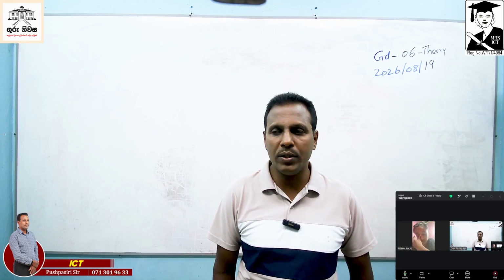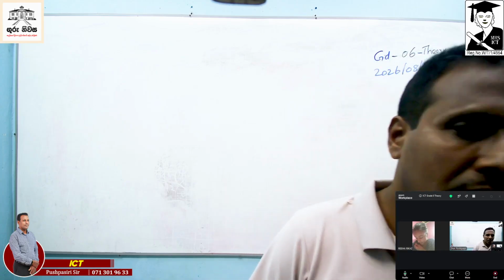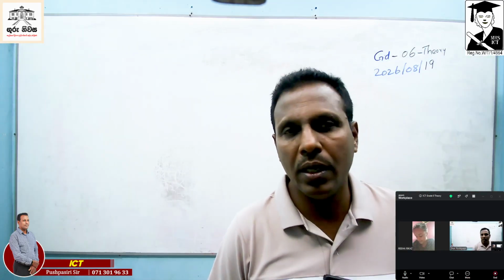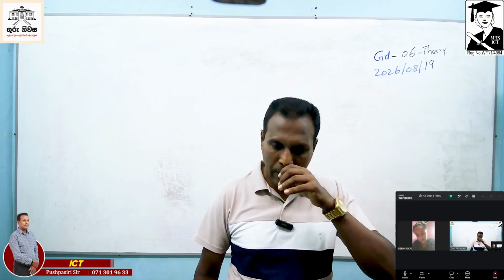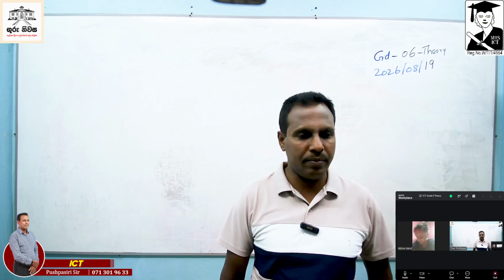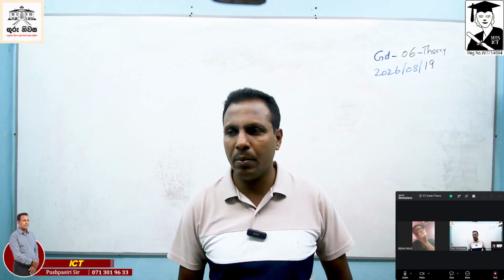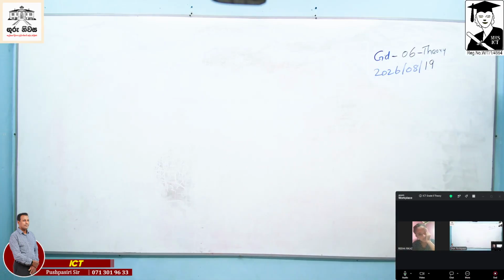So what is a flowchart? A flowchart is a graphical representation of an algorithm. Very good. The graphical representation of an algorithm is what we call a flowchart.